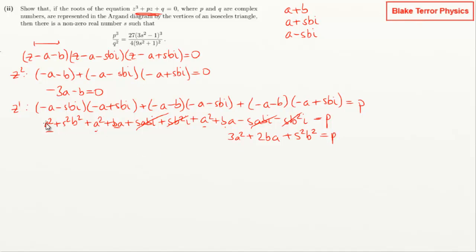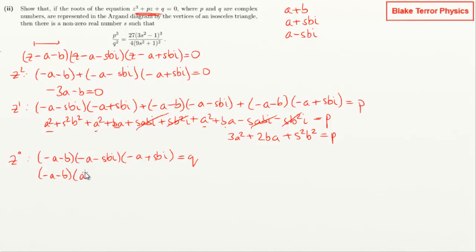Okay, so that's good. And then I might as well do z0. I'm going to need that one as well, aren't I? So that's just multiplying all of the roots together. So minus a minus b, minus a minus sbi, and minus a plus sbi, and that's equal to q. So I'll do the second 2 brackets first because I'm going to have a lot of things cancelling out of that.